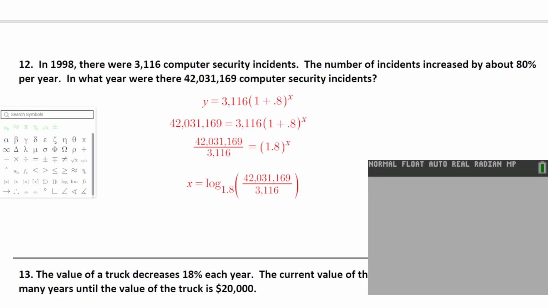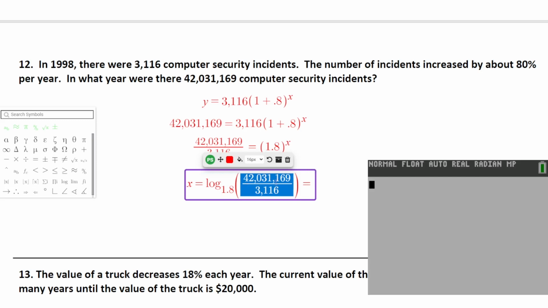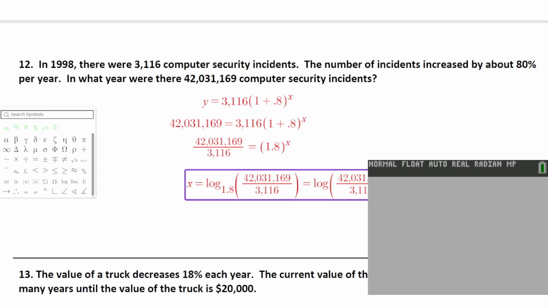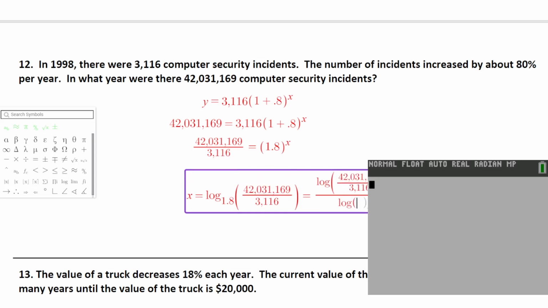Okay, so we need to rewrite this using the change of base formula. So we're going to have log of this big fraction divided by log of 1.8. So that's going to be what we type in here.